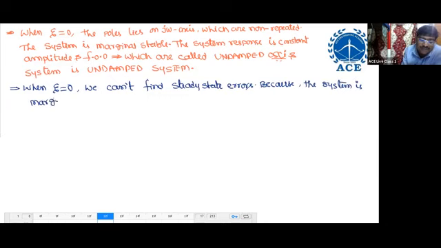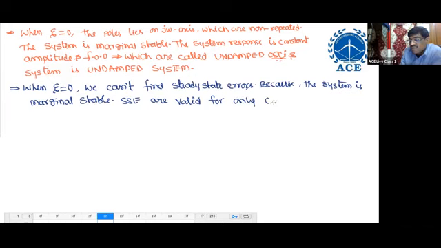Steady state errors are valid for only closed loop stable systems. This is about the impulse response when zeta equal to 0.